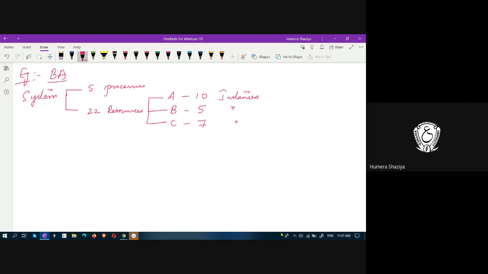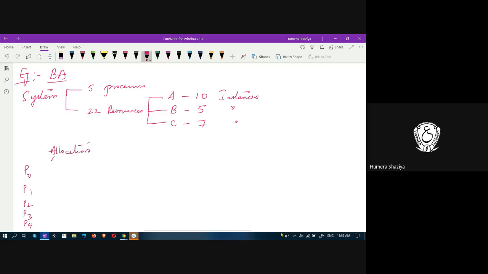So for that, we have 5 processes: P naught, P1, P2, P3, P4, and allocation.